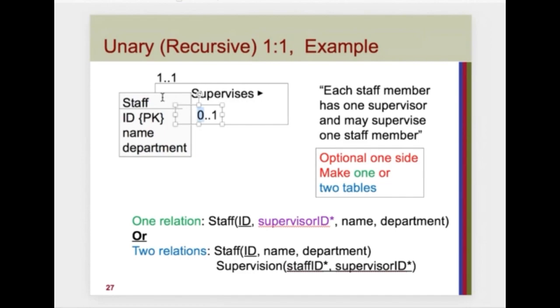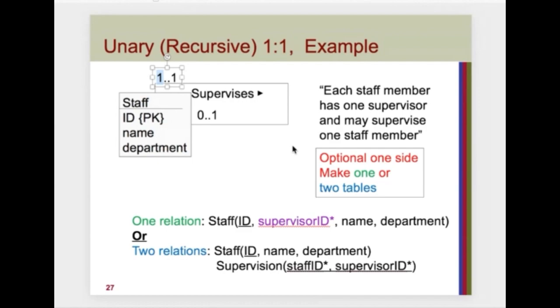You see here, this 0 means optional side, this 1 means mandatory side. I am reminding you again that we look at the minimum value, and the first value is the minimum. So this 0 indicates that this is the optional side, and this 1 indicates the mandatory side.